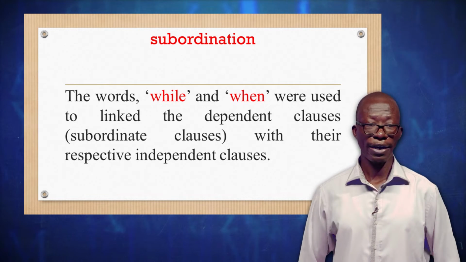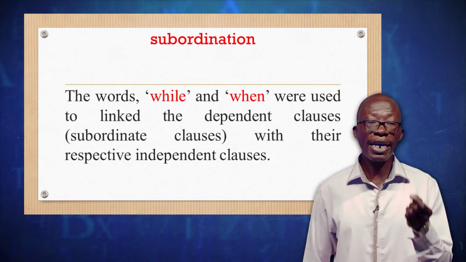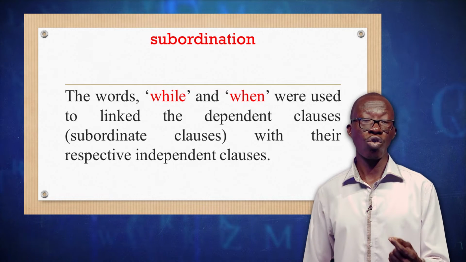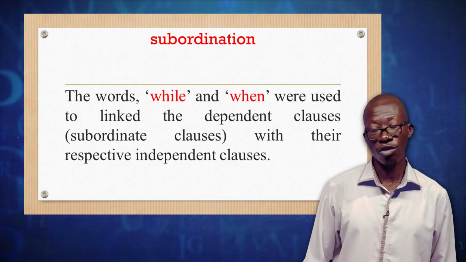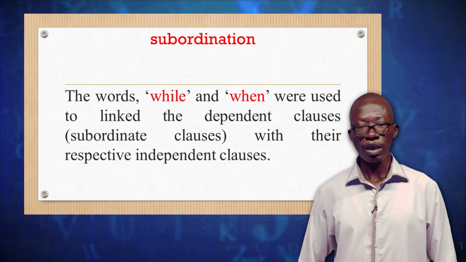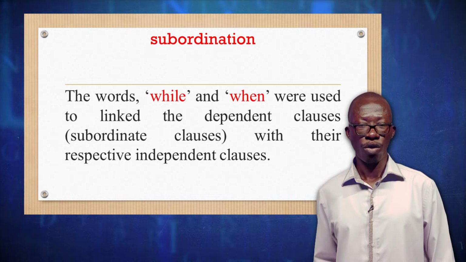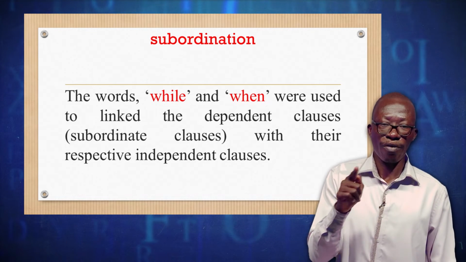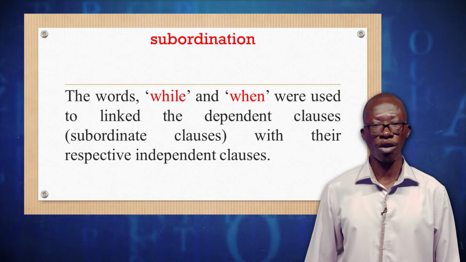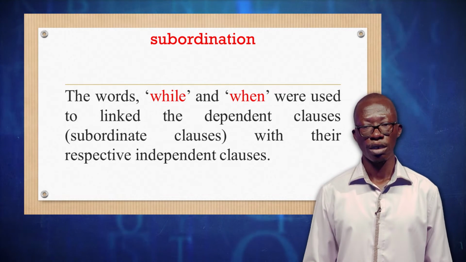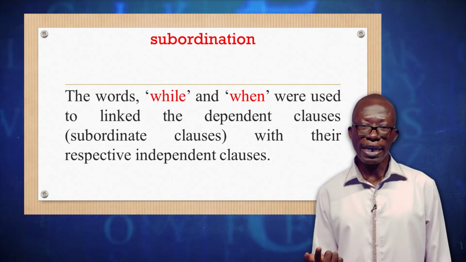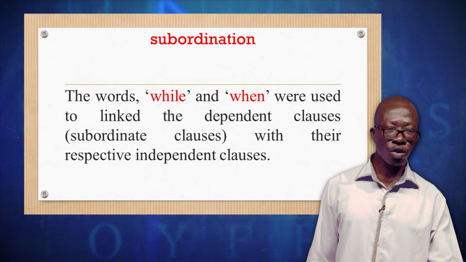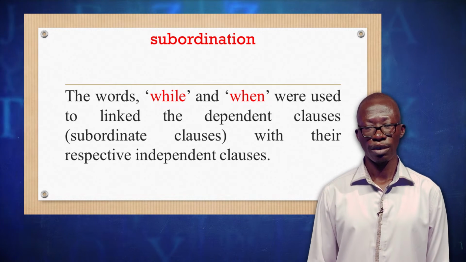In sentence 1, we have while linking construction was ongoing to the building collapsed. In sentence 2, we have when linking the floods occurred to the farmers lost all their crops.